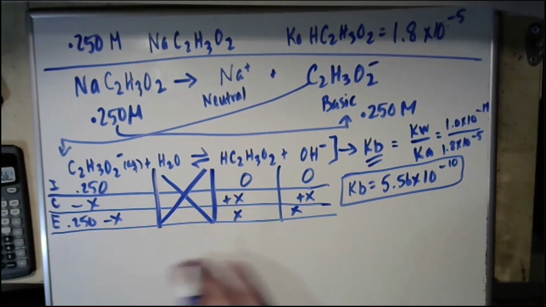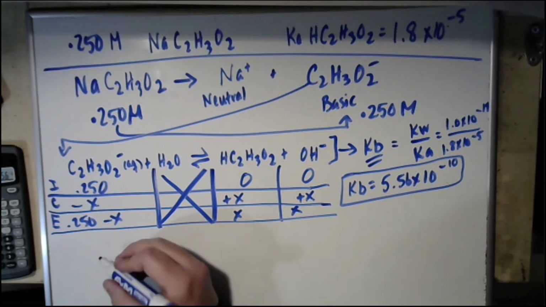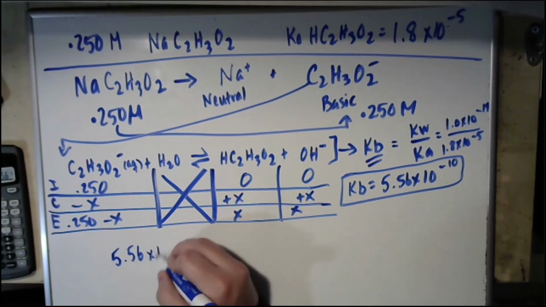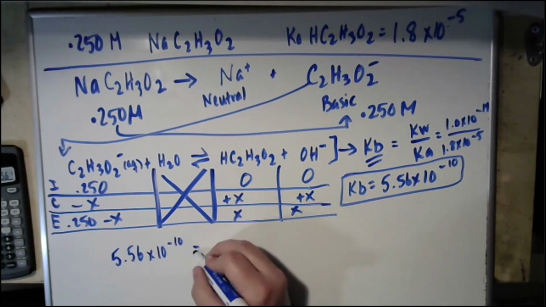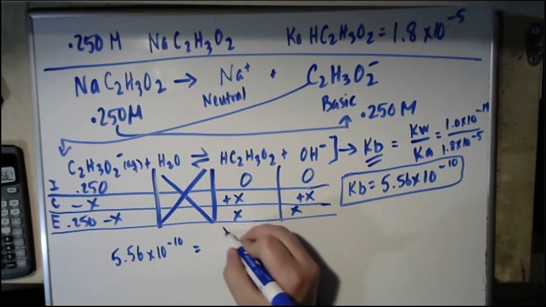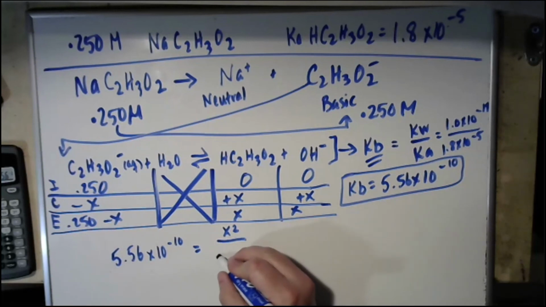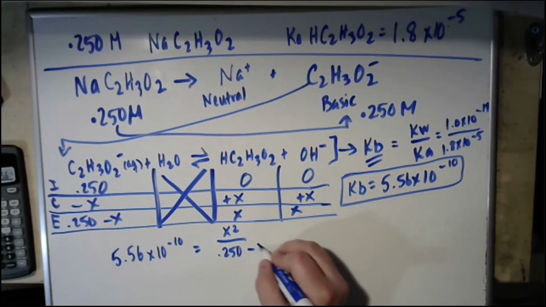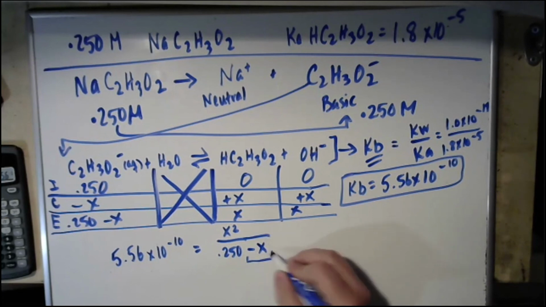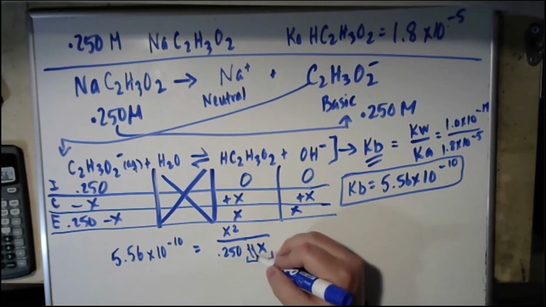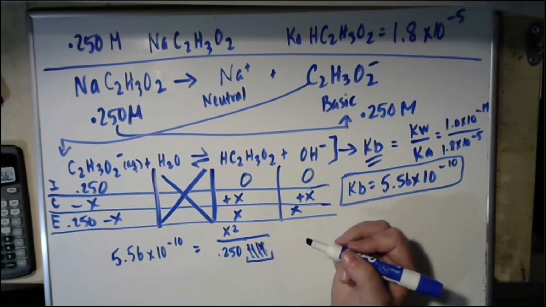Now we're going to write out our Kb expression so we can solve for x. So we have 5.56 times 10 to the negative 10 equals x squared, because those are our products, x times x, divided by our reactants. We're going to make our assumption that this x that we're subtracting from the 0.250 is small enough that we can remove it from the calculation.